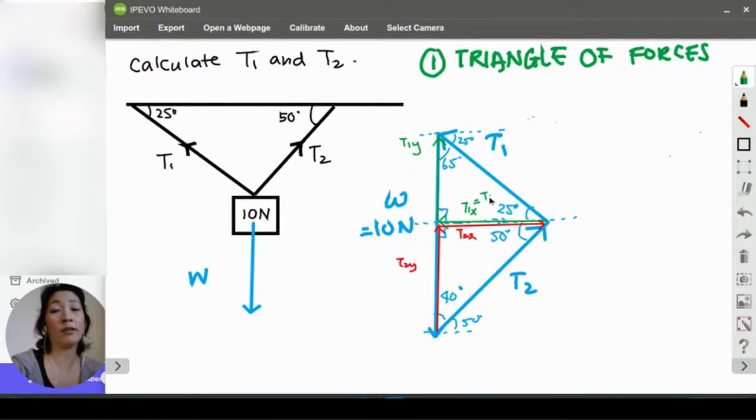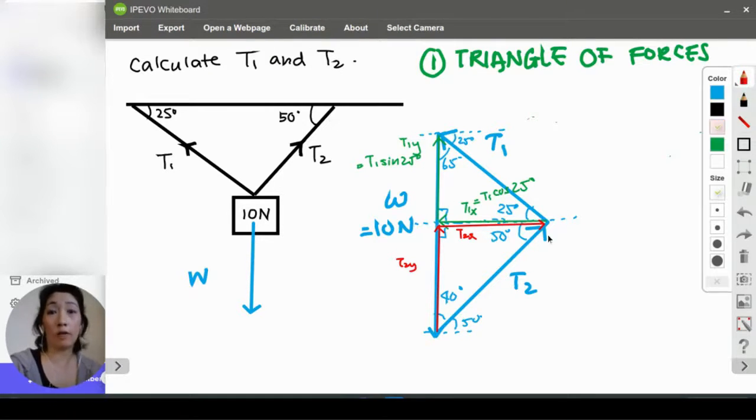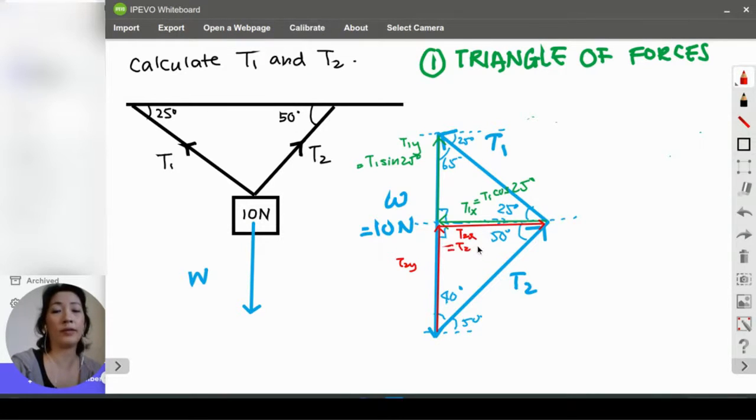Theta is 25, so I'm going to write here T1 cos 25. T1y would be T1 sine theta. Theta is 25, so let's write that here, T1 sine 25. And we're going to do the same thing for T2x and T2y. So this would be T2, this angle of 50, cos 50, and T2y would be T2 sine 50 degrees.